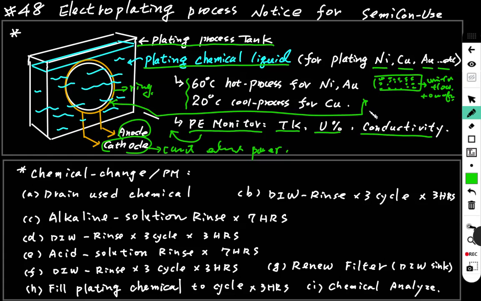And the high-end advantage of the expensive equipment is the agitation, together with the hole plate and the uniform flow device, to let the chemical liquid plate uniformly on the wafer.